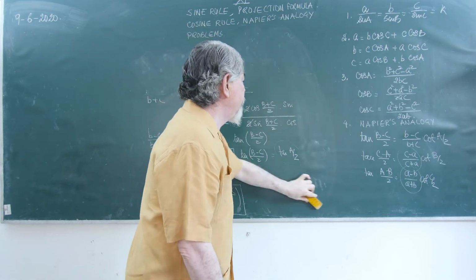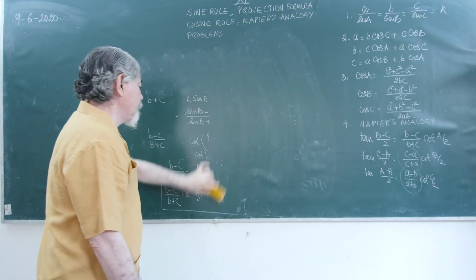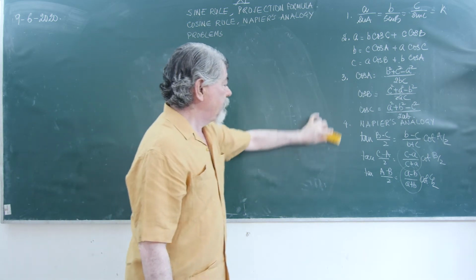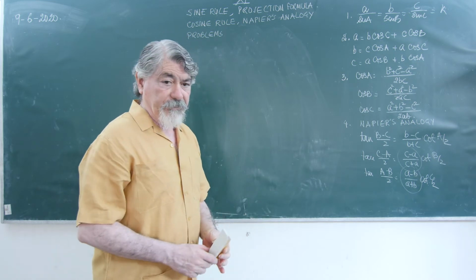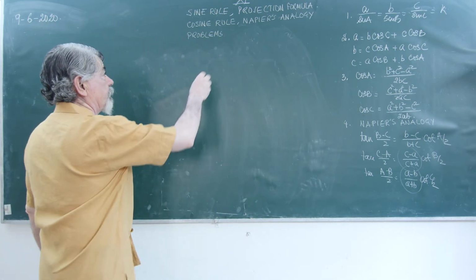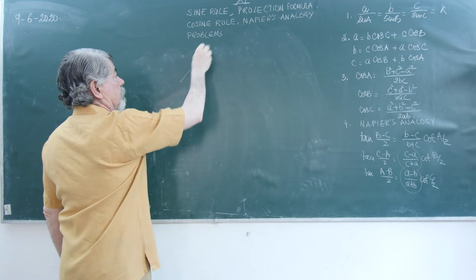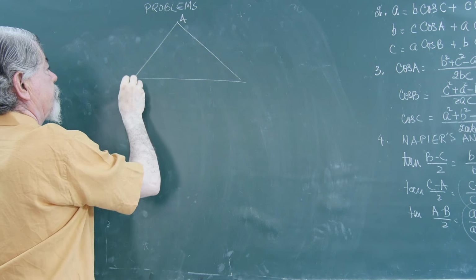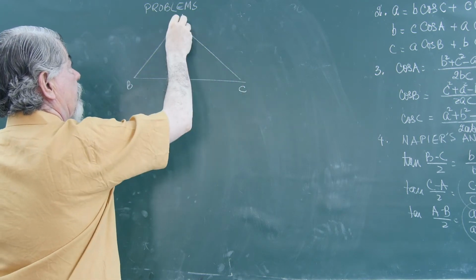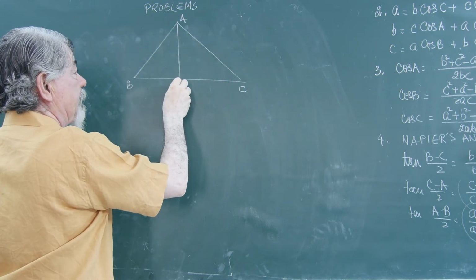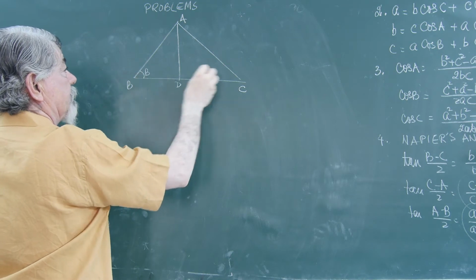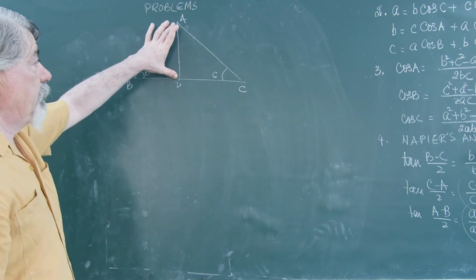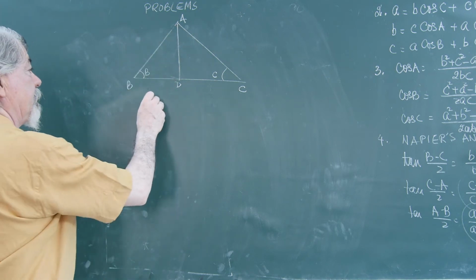We did area of triangle in the beginning, but that was in terms of height. We calculated the heights actually. But here we are going to use, for example, if this is triangle ABC and I drop a perpendicular from here to here, suppose it is D, this is angle B, this is angle C. I can express AD as what?